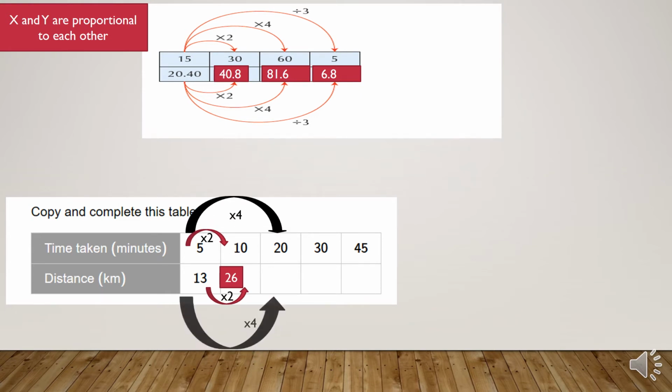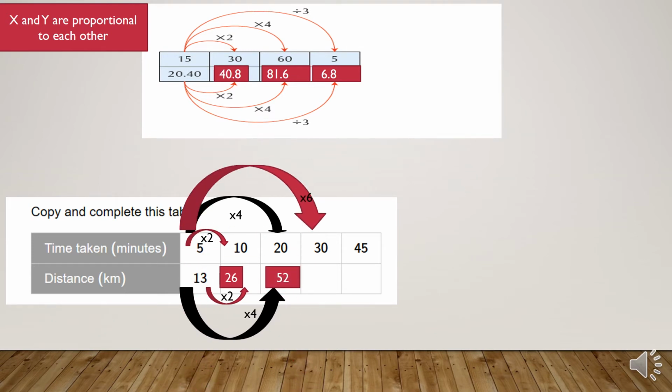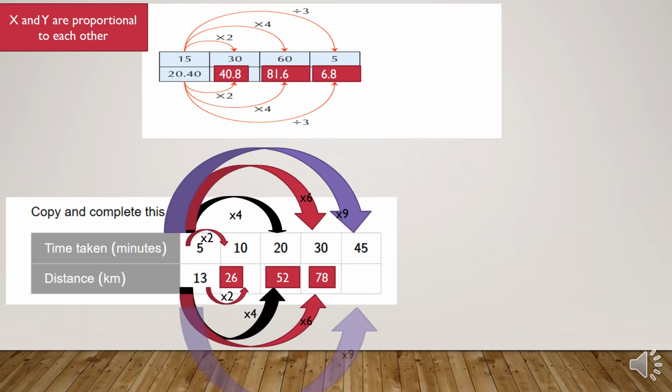So 13 times 4 is 52. 5 times 6 is 30, so 13 times 6 is 78, and 5 times 9 is 45, so 13 times 9 is 117. We did it like this because time and distance are proportional to each other. So what happens to time is going to happen to the distance.